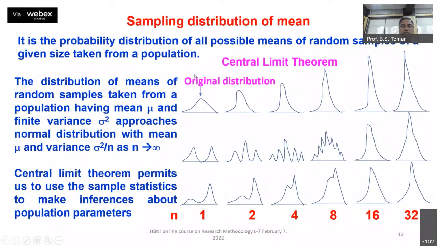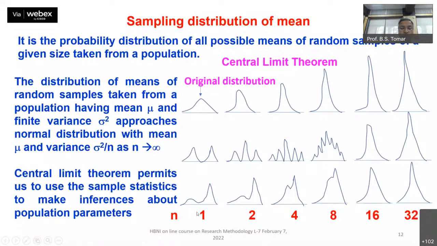So just focus on this one. What I have shown here is that suppose the original distribution here is a Gaussian population distribution. Here it is a bimodal distribution, and here is a skewed distribution.